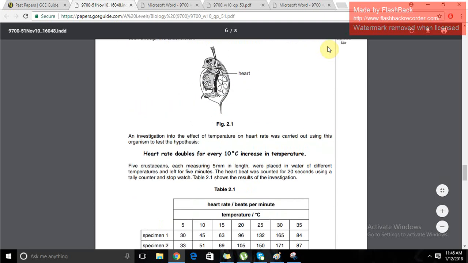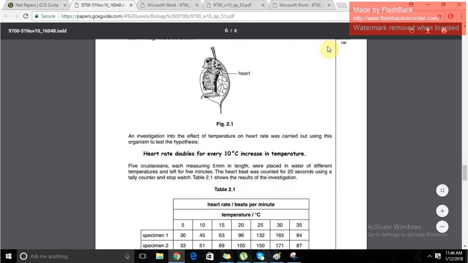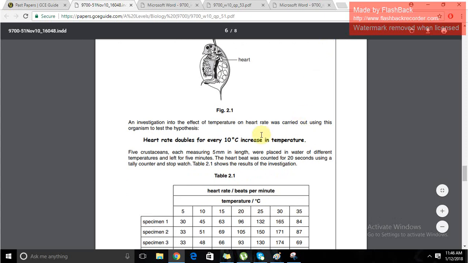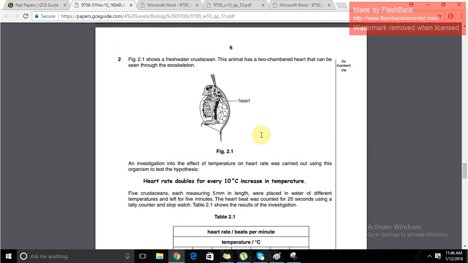So what is something that may have affected the heart rate of the crustacean? Length and time have obviously been controlled. Something else that could potentially affect it, and equilibration has already been done. Maybe the mass of the crustaceans: same length does not denote the same mass.